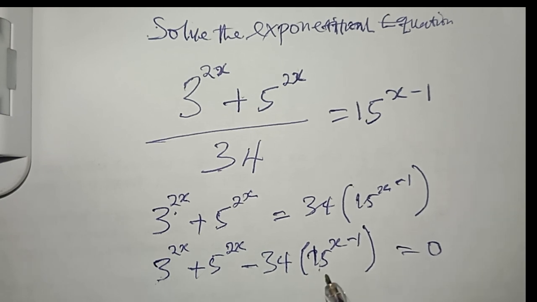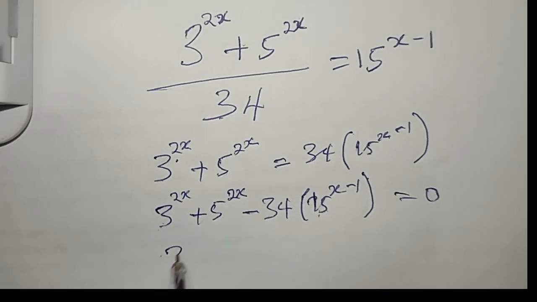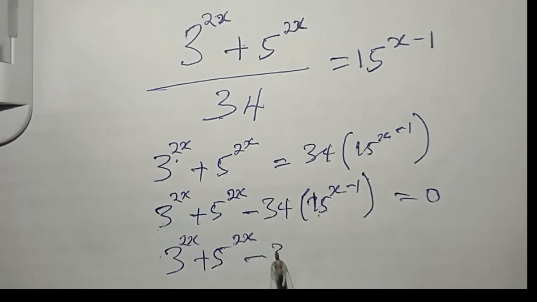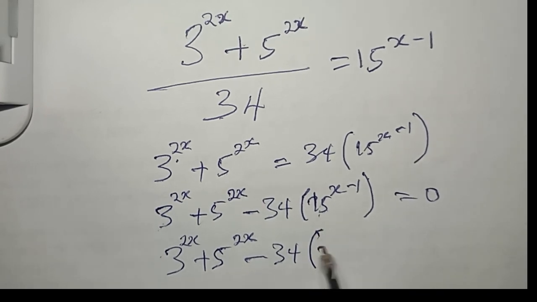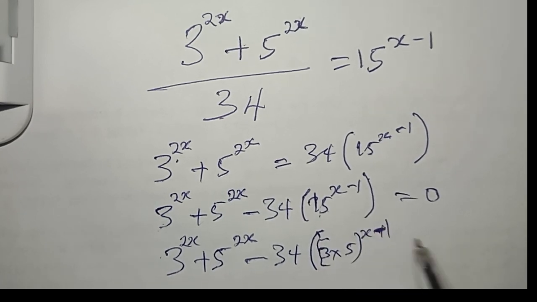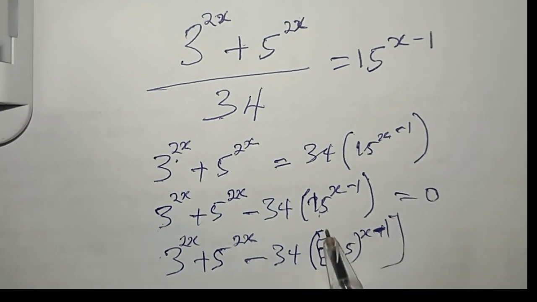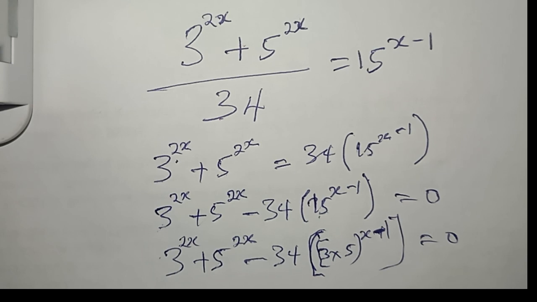So I'm going to express 15 as 3 times 5. If I do that, I have 3^(2x) + 5^(2x) as well minus 34. Okay, so I now have that this is (3 times 5) all raised to the power x-1, and of course it's equal to 0.